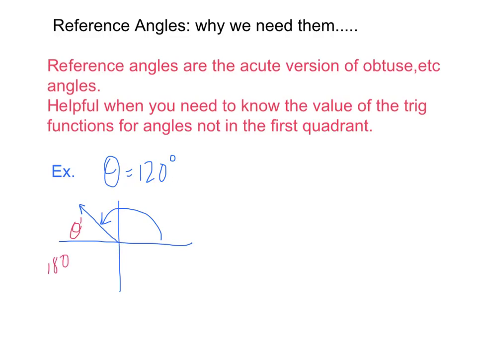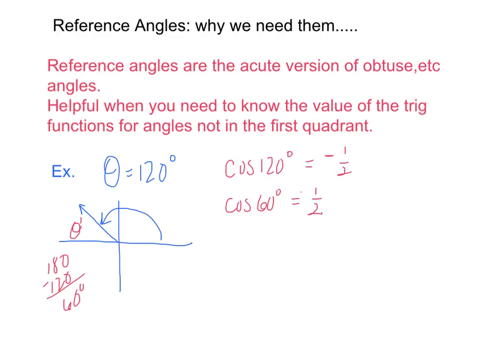So it's 180 minus 120, so it's 60 degrees. Okay? Now, if I want to find the cosine of 120 degrees, I can determine that cosine is negative in the second quadrant, and I can find the cosine of 60 degrees, which is 1/2, and put a negative in front of it. And that helps me find the trig function.